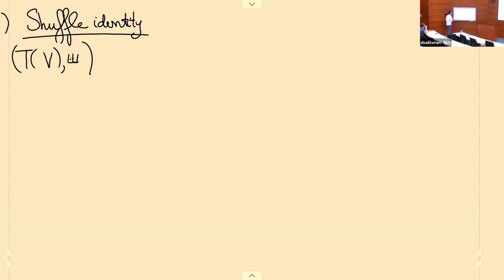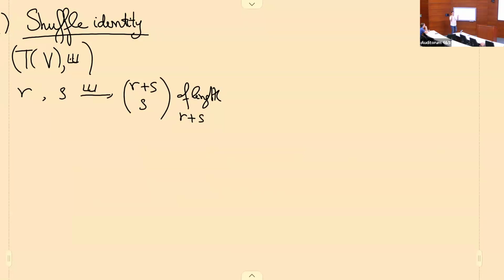So you take two words, let's suppose a word of length R and a word of length S. The shuffle product of these two words will be a linear combination, a sum of R plus S choose S words of length R plus S.